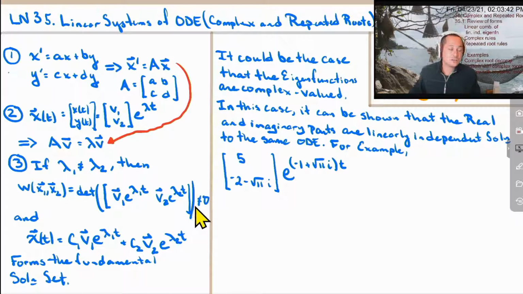You take its determinant, a la second order stuff style, figure out that it's non-zero, and those are linearly independent solutions. And so then the solution to the original matrix differential equation is going to be the linear combination of the 2 eigensolutions, you could call them, and that is also called the fundamental solution set.